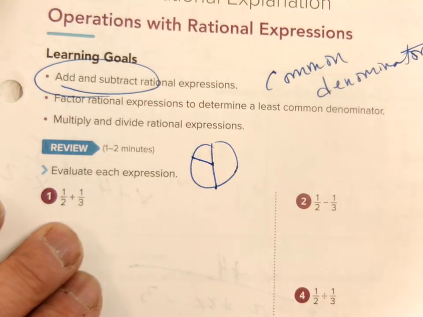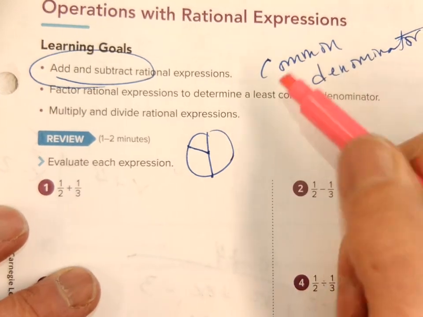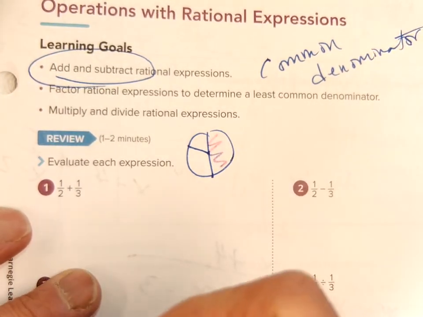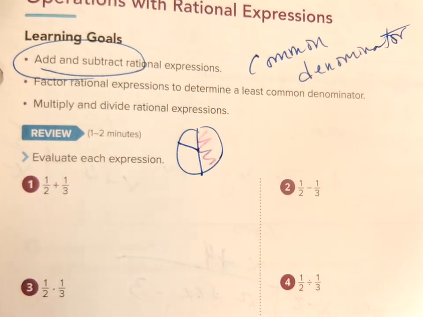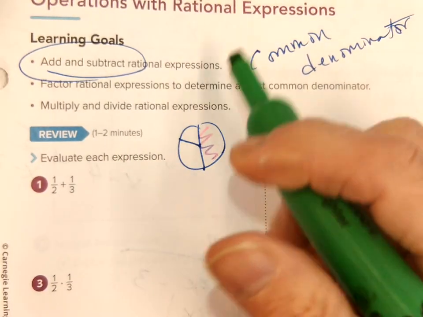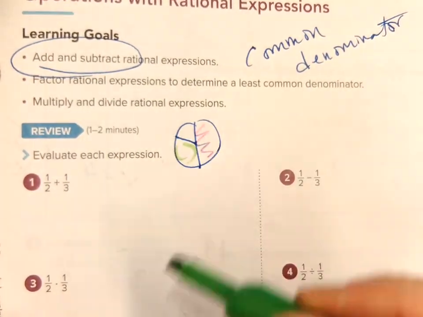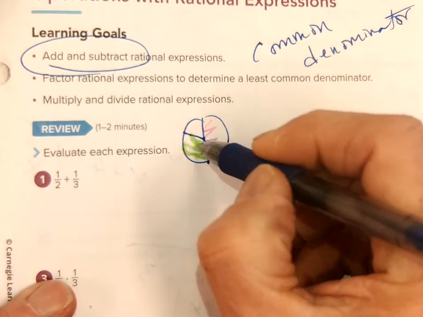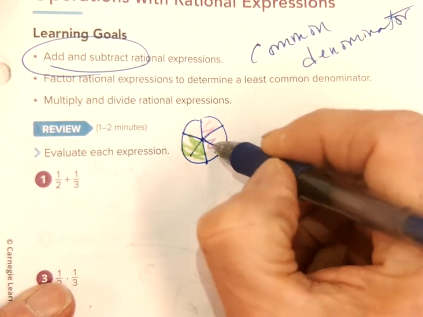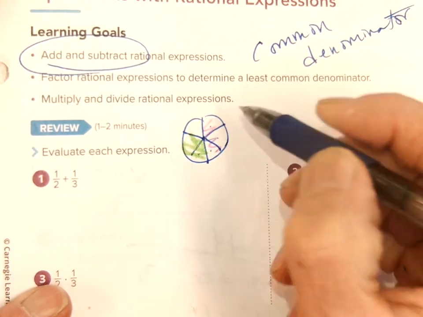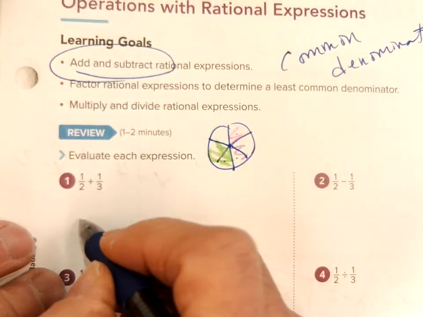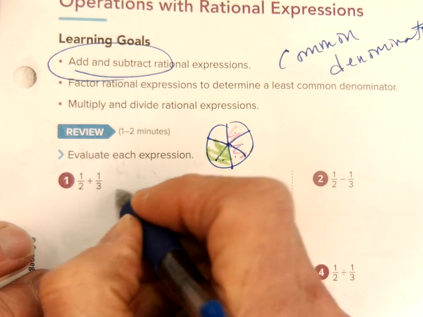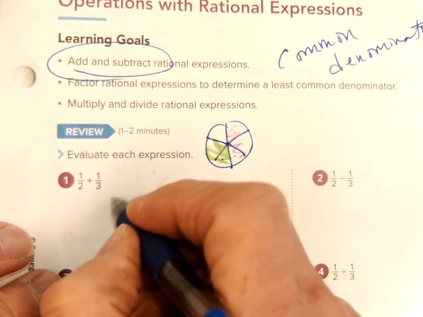But if you divide the whole thing into sixths, there's my half, and there's my third. A half plus a third. To get the answer, we have to divide it into 6. And we have 5 of the 6. Or we know that they both have a common denominator of 6.